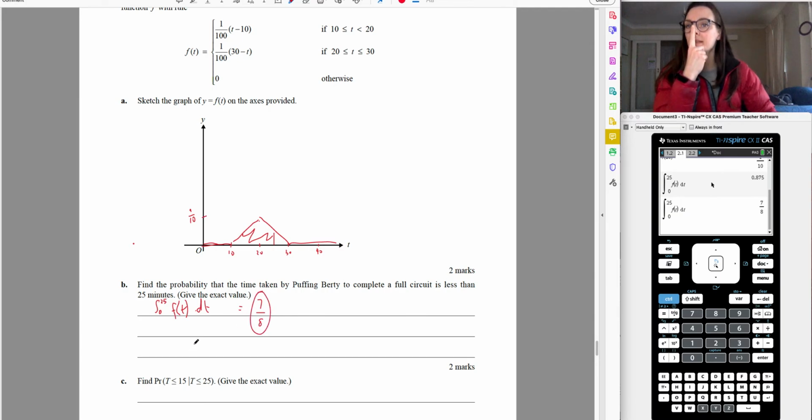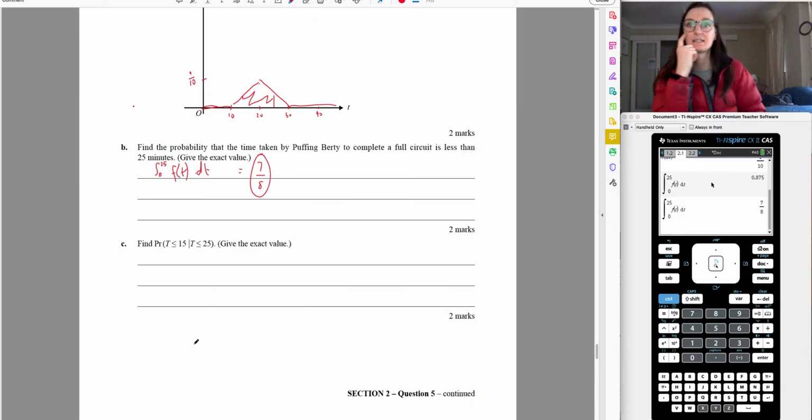Find the probability that t is less than or equal to 15 given that it's less than or equal to 25. So that's given that, remember, it's less than or equal to 15 and less than or equal to 25, which is just less than or equal to 15 over probability less than or equal to 25. We know what that one is.